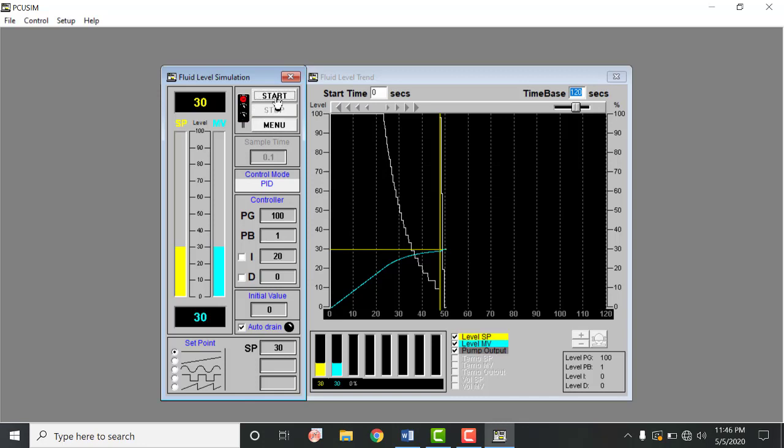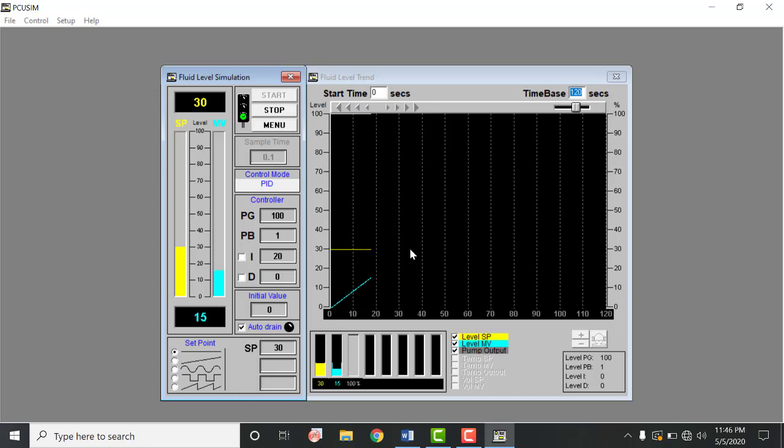and start the simulation again. Now the linear accelerating behavior would be up to 29, because the difference between 30 and 29 is 1.